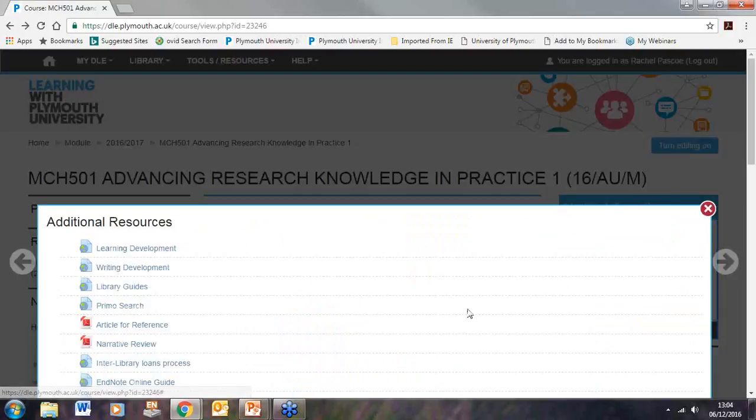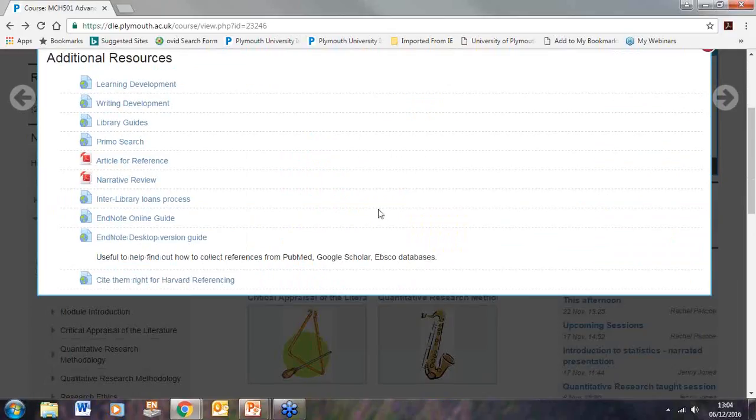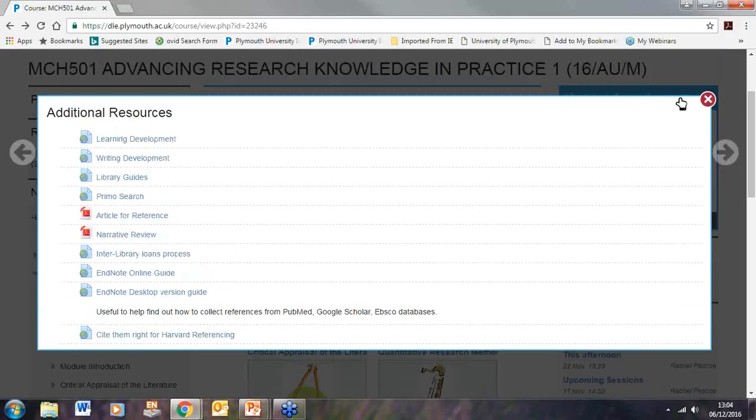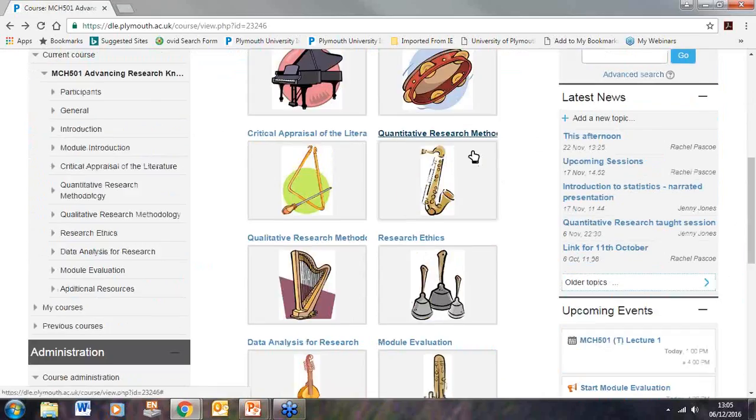Additionally, the subject librarian, Julie Moody, has put a number of additional resources on the library page, some referencing information, some EndNote information. If you're going to use EndNote, I don't insist that you use it, but if you do, and if at this point you need to access the interlibrary loan process, there's some information about that there. So that was the additional resources section.